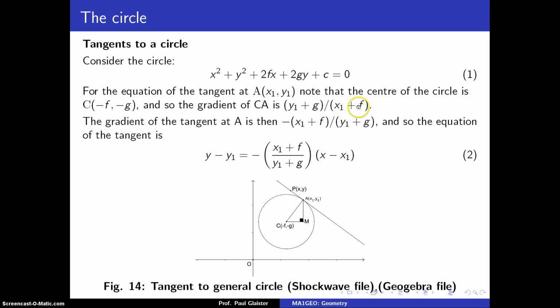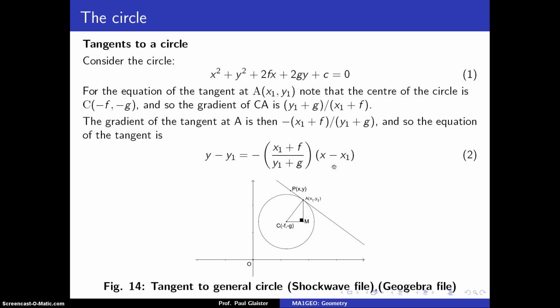So this expression represents the gradient of the line CA. In other words, the gradient of the tangent at A is just minus 1 over this expression, and hence the y difference from P to A is the gradient of the tangent, which is this expression here, times the x difference.